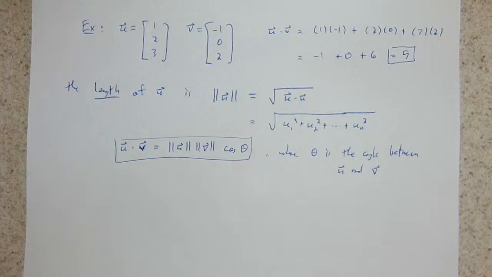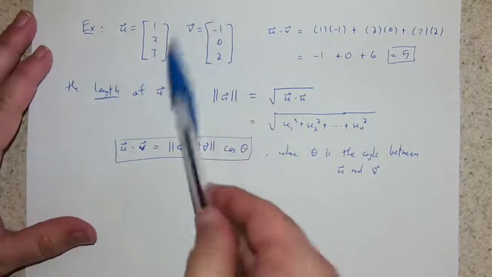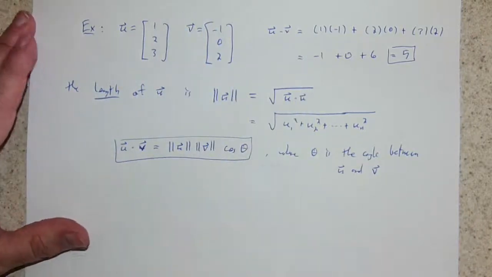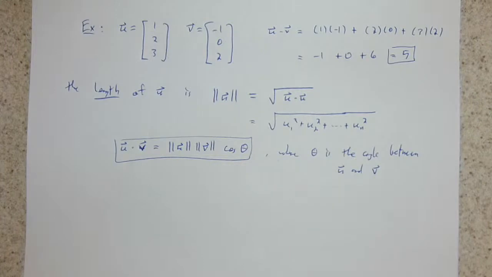So the dot product is related to length and to the angle between vectors. That's its geometric importance, which is extremely high. In fact, it is the thing that makes Rn have the geometry that it does. That familiar Euclidean geometry comes from the dot product.